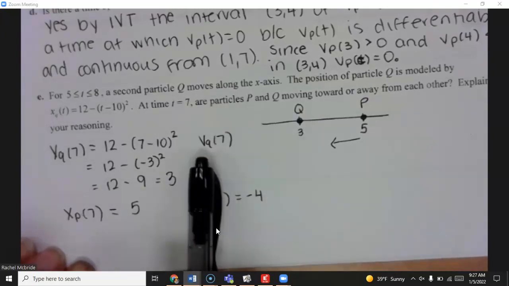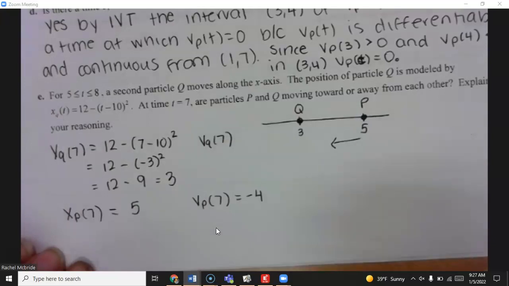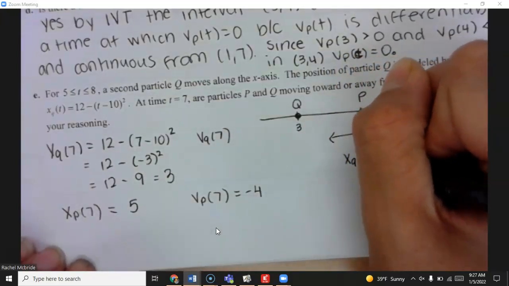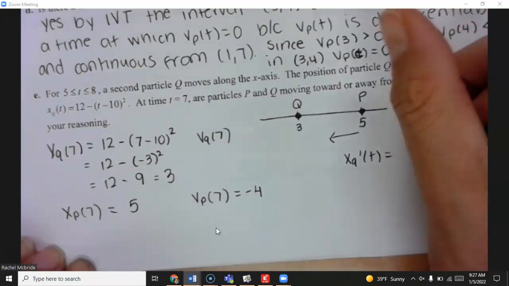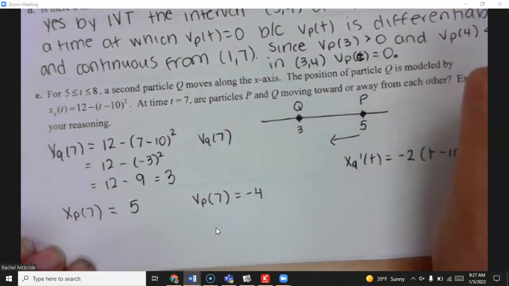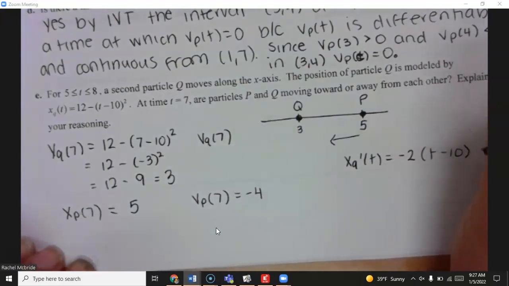And then the velocity of Q at 7, well, now I need the derivative of that. So x Q prime of t, 12 is 0. So you get -2 times t minus 10 times 1.